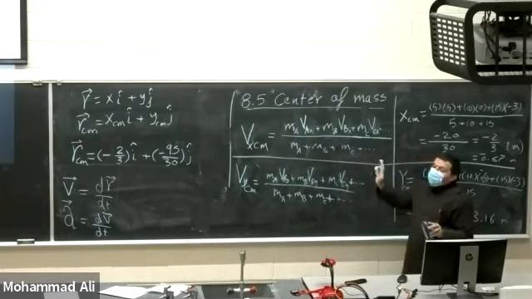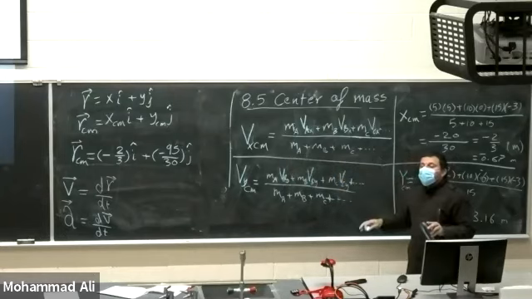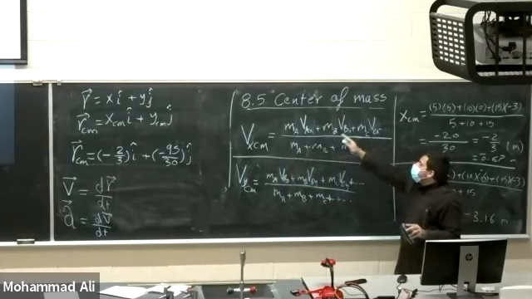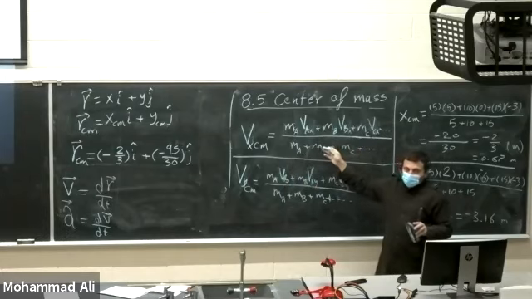So the center of mass is moving now. We can find its velocity by finding the center of the velocity for all the masses.